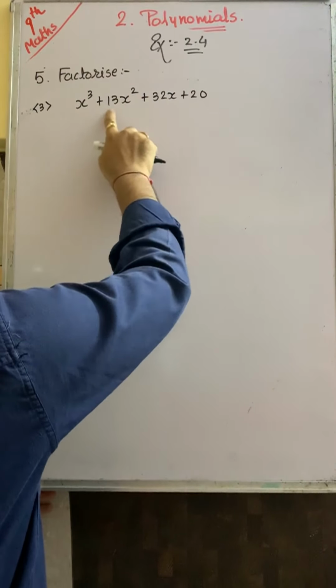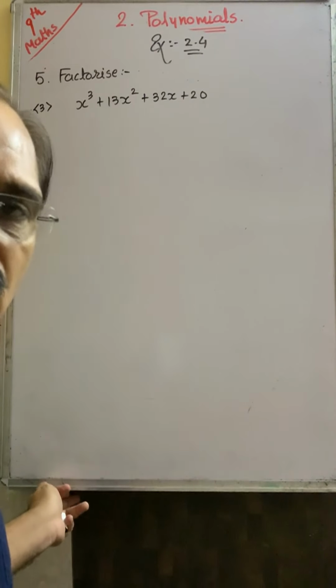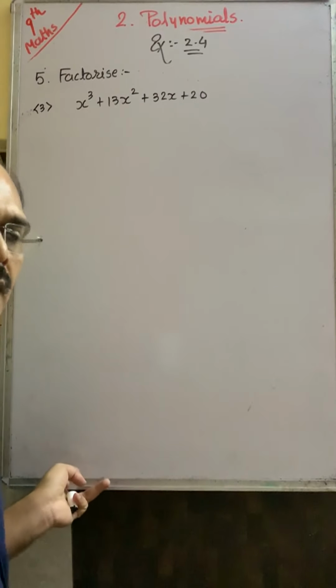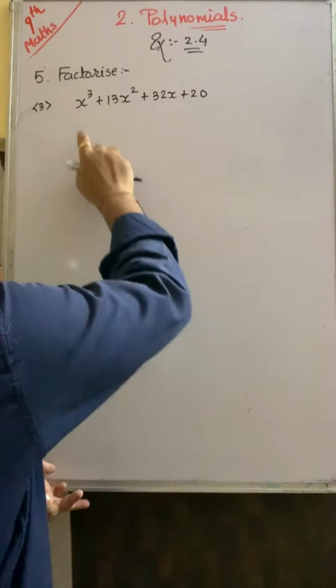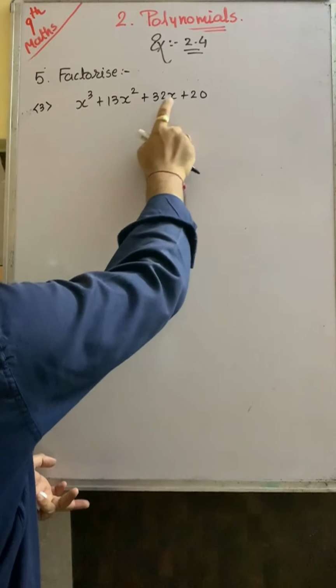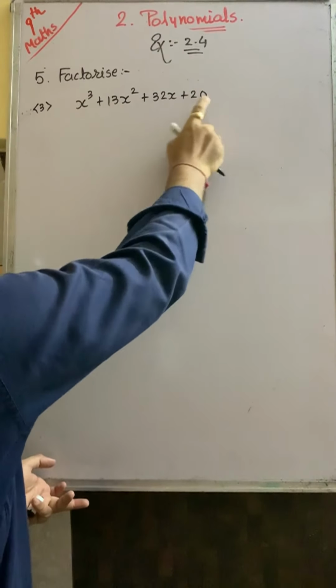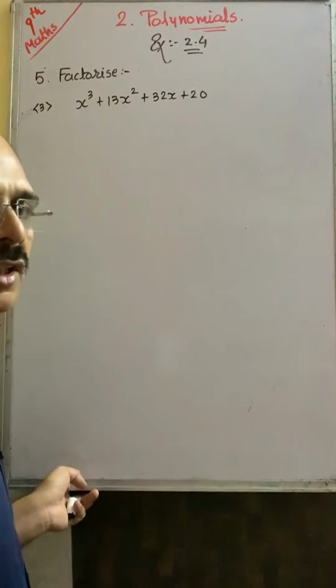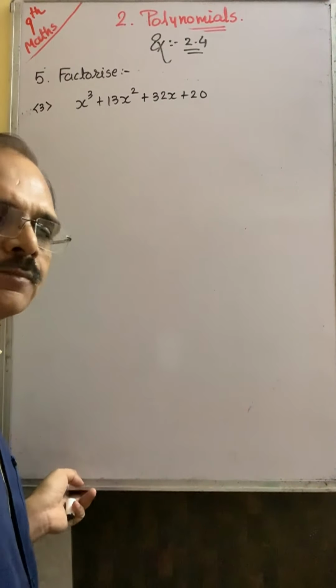See, all are positive. Means the sum of the coefficients of all the terms is not 0. Right? So try to find out the odd power and even power totals. Odd power 3, its coefficient is 1, odd power 1, its coefficient is 32, 32 plus 1 is 33, and 20 plus 13 is also 33. So both are the same, so you can derive that x plus 1 is a factor.